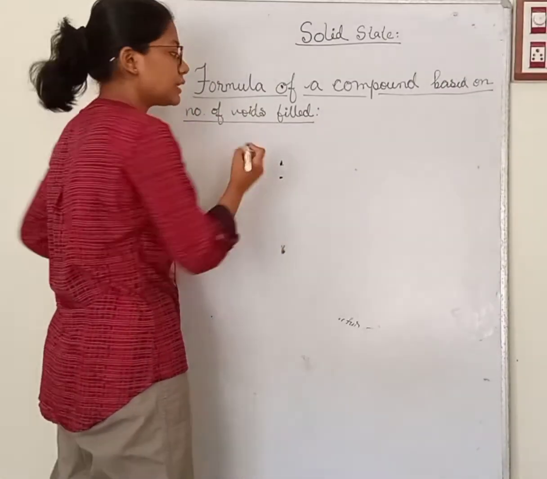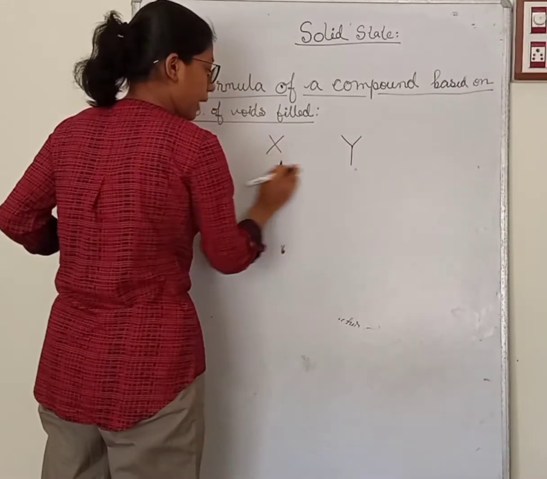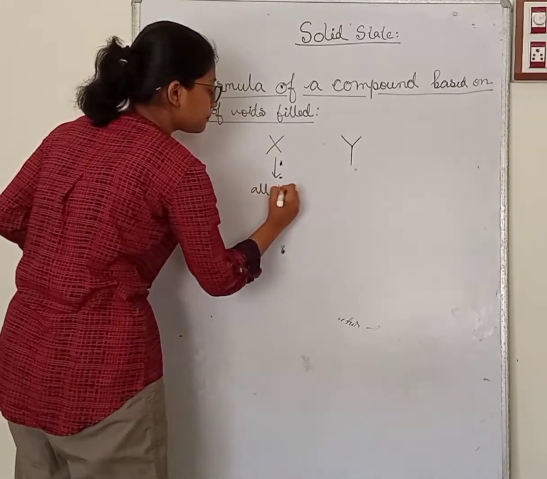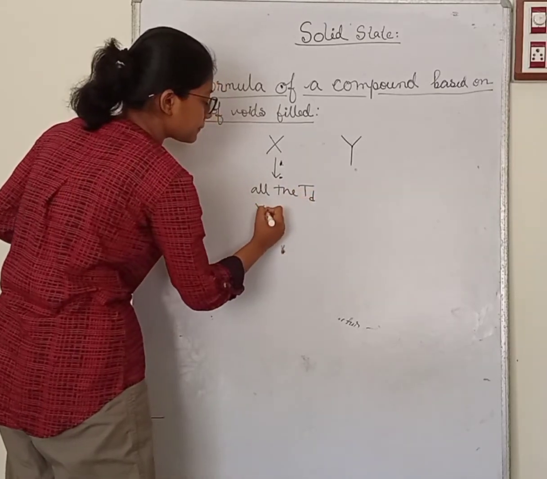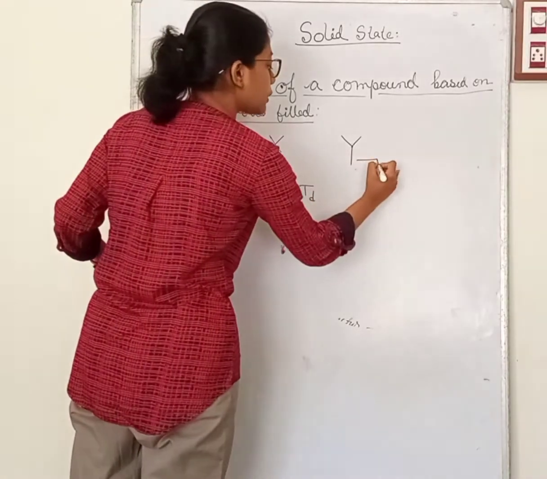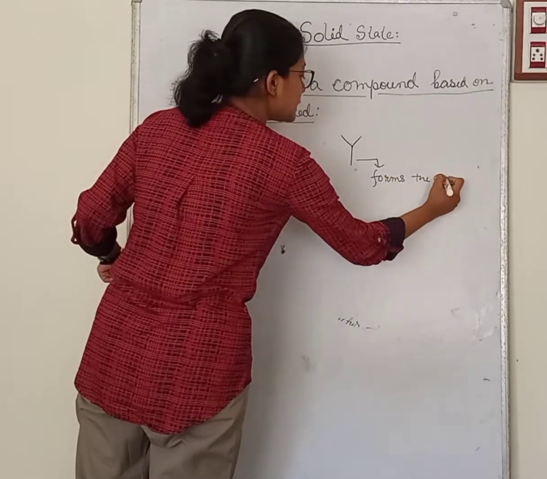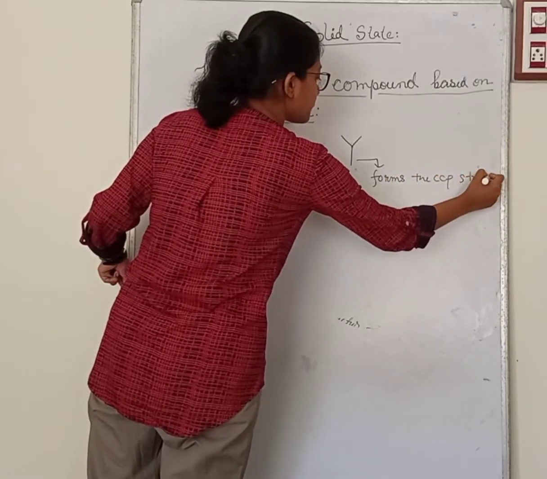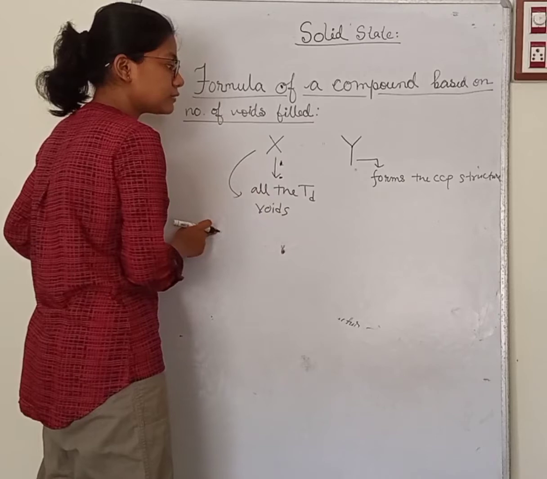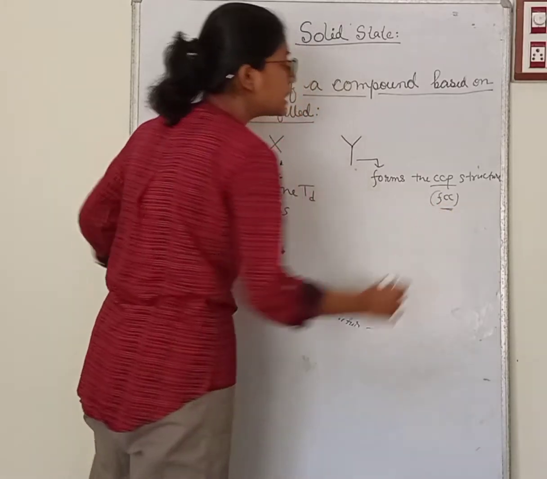Now suppose you have a compound formed of X and Y, and it is given that X occupies all the tetrahedral voids and Y forms the CCP structure, which is also called the FCC structure.